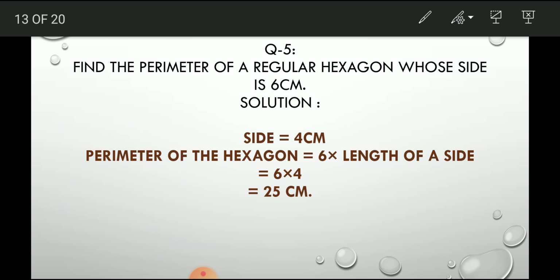The side of the square park is 70 meter. So here she takes 3 rounds of the square park.